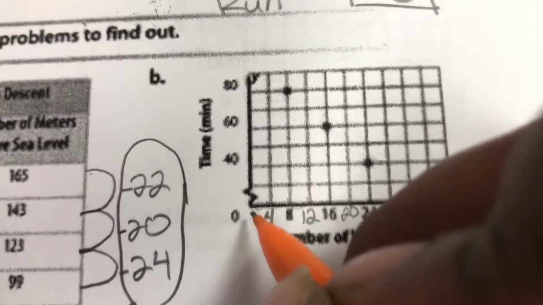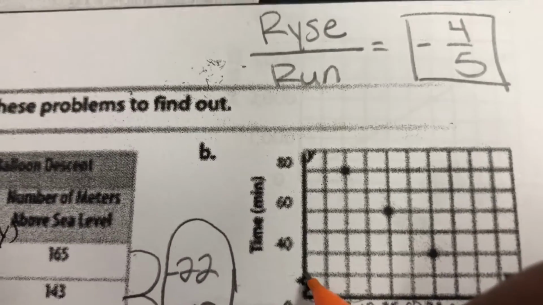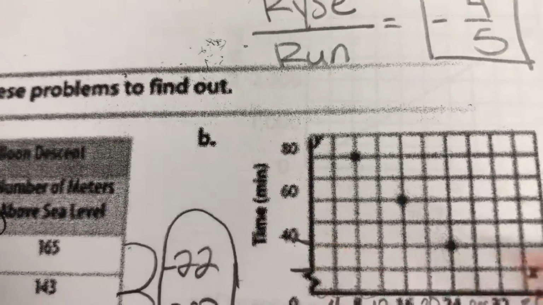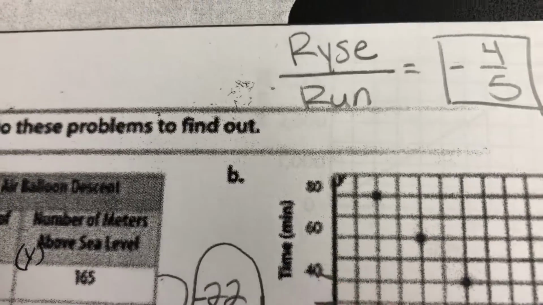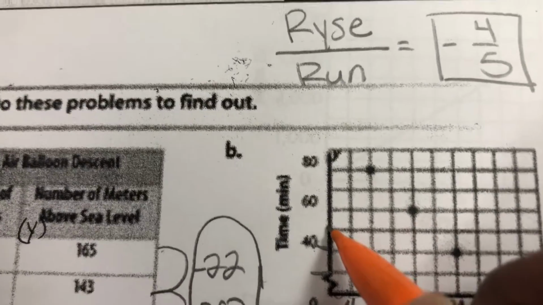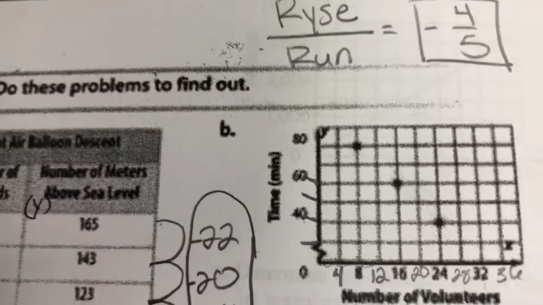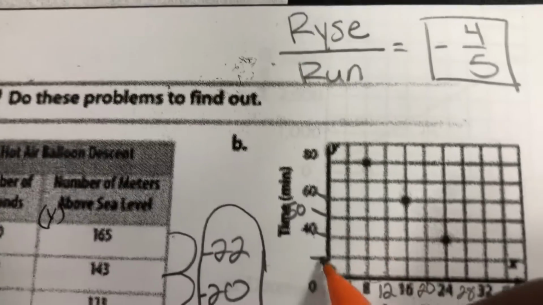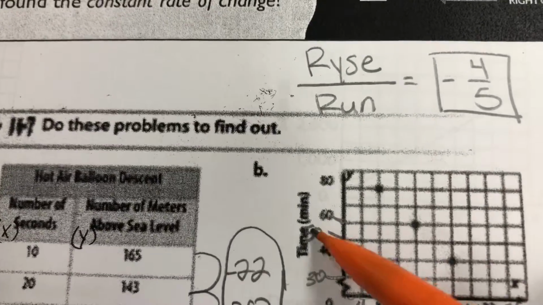So you're going to wind up seeing from this point right here to this point, which is a 40. We don't really know how much that is yet, but it looks like if you went from 40 to 60 and they skipped a line, what's a number between 40 and 60? 50. So automatically you can know that this one is going by 10s.